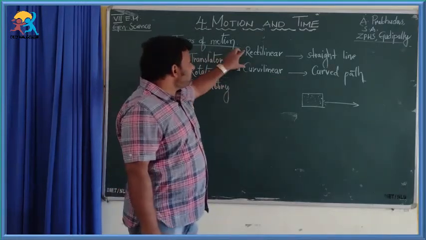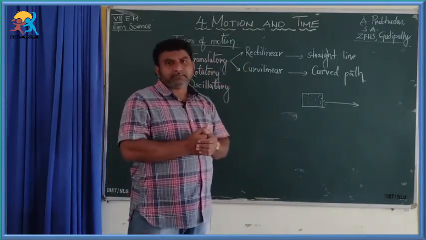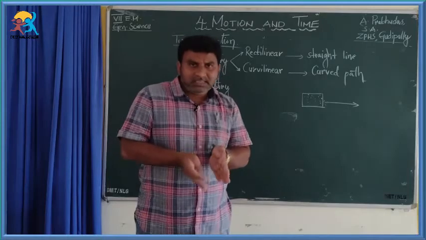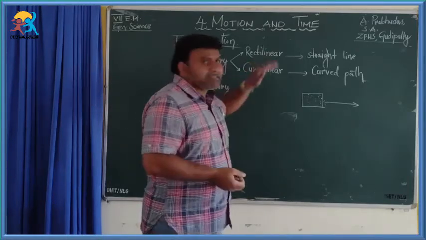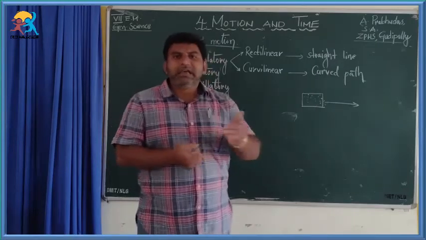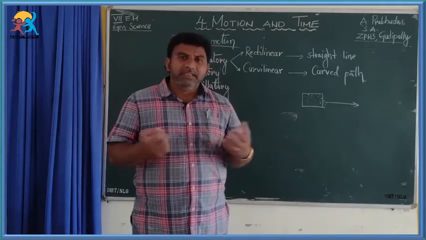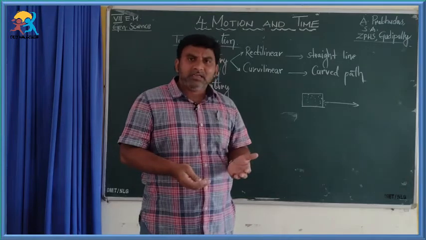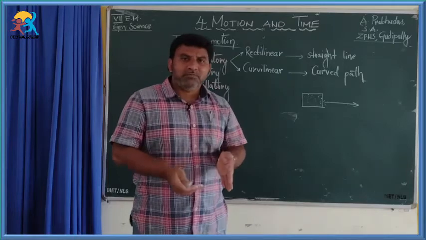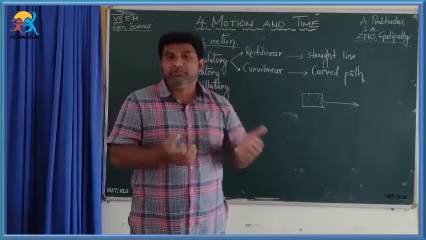So, translatory motion is of two types, rectilinear motion and curvilinear motion. Now, children, think of the objects which move in rectilinear motion and think of the objects which move in curvilinear motion. You can think, because in our day to day lives we see many objects around us moving in different ways. Some objects move in a straight way and some objects move along a curved path.